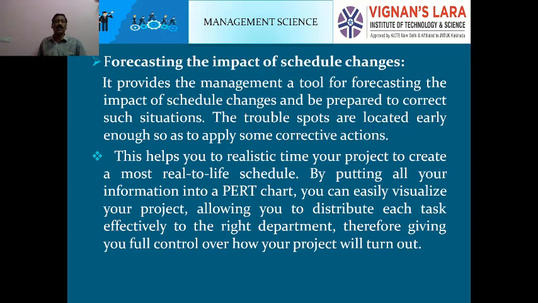By putting all your information into a PERT chart, you can easily visualize your project, allowing you to distribute each task effectively to the right department, therefore giving you full control over how your project will turn out. That means new information is available, allowing a distribution of each risk.